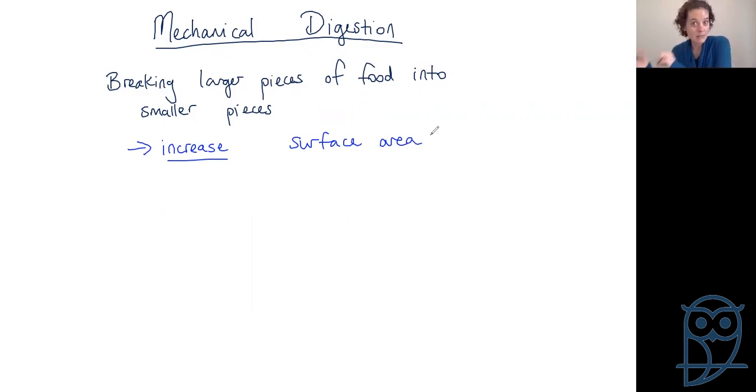Okay, so that is then bringing in chemical digestion. Mechanical digestion is just simply breaking it up to increase the surface area. Okay, there is no chemical change. Very simply cutting it up. No chemical reactions at all.